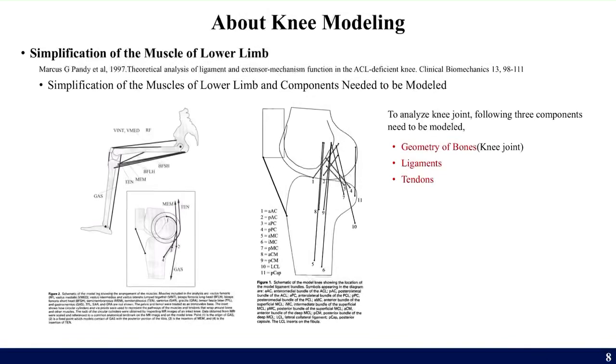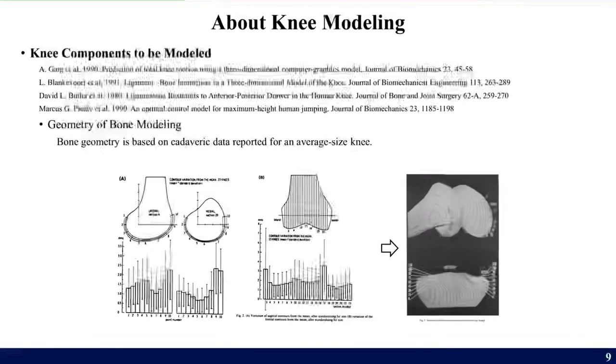So I found some articles about the modeling of three compartments. This is what I found. The following pages are what I found. And to model the bone, I found the cadaver data and its average data.